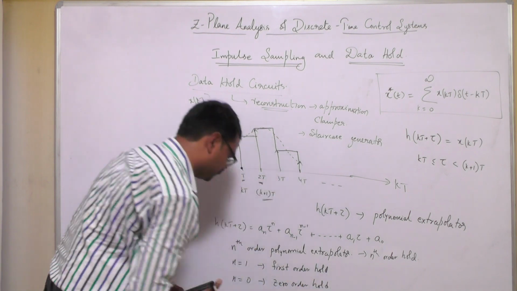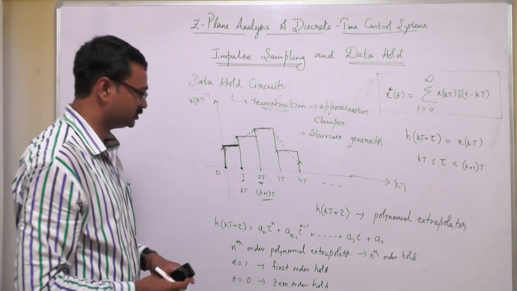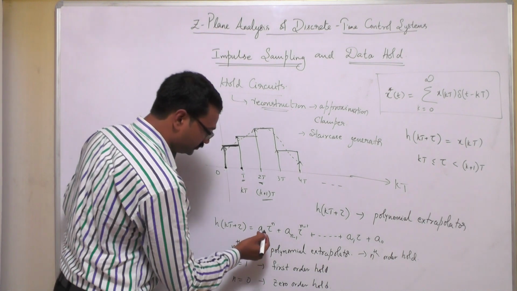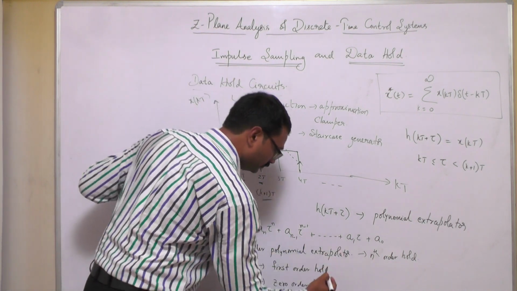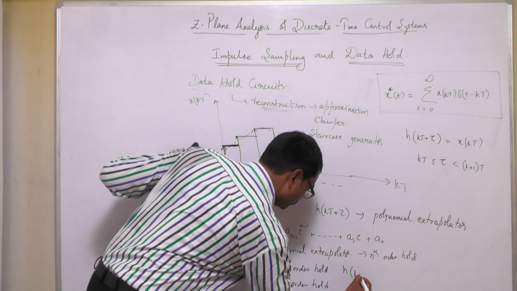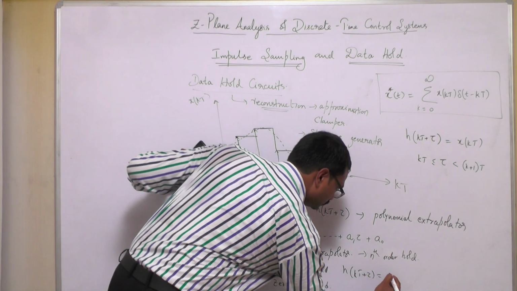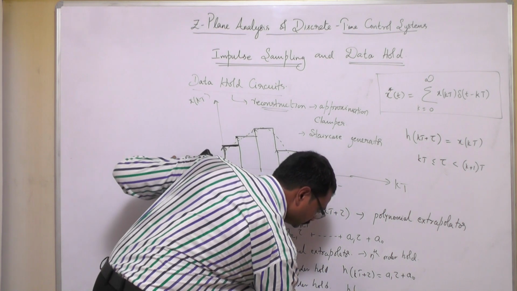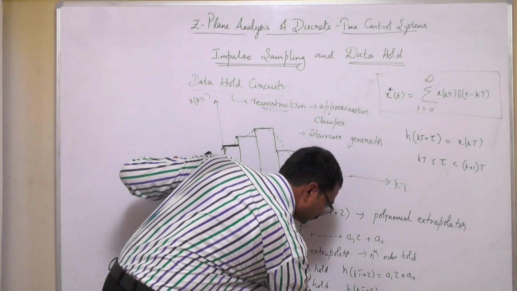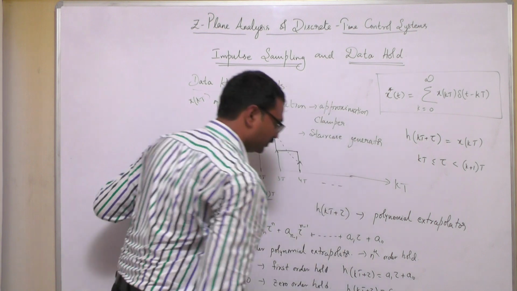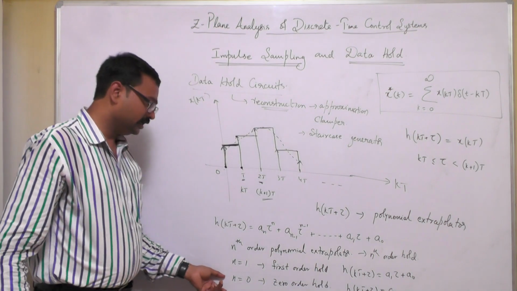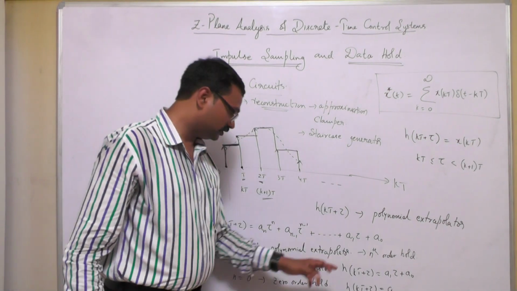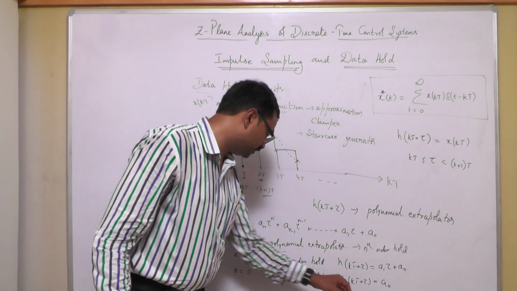So for the case when n is equal to 1, first order hold, h of kT plus tau is equal to a_1 tau plus a_0, and h of kT plus tau is equal to a_0 when n is equal to 0, because you are having a zero order hold.